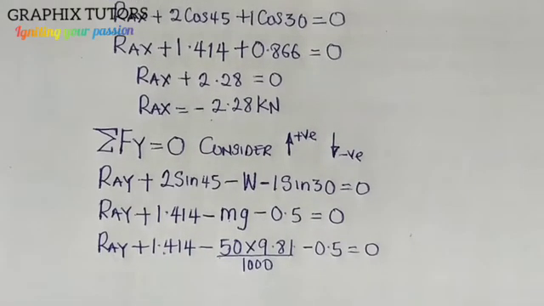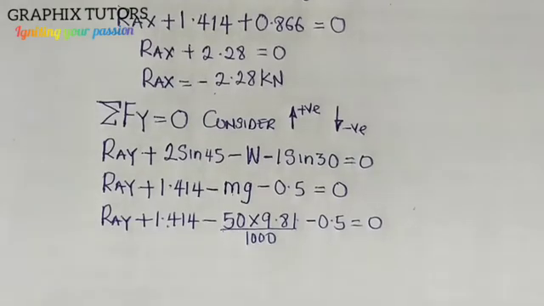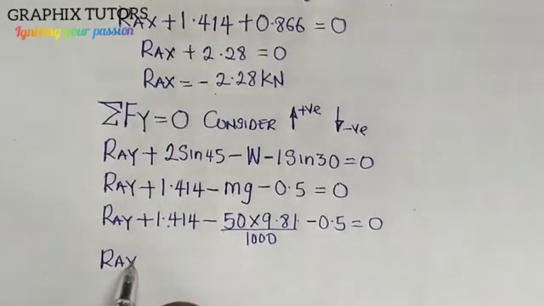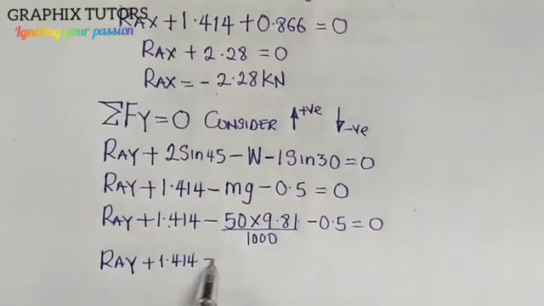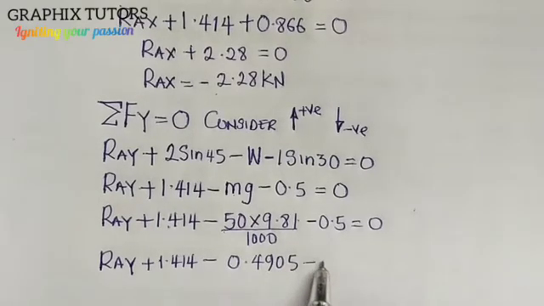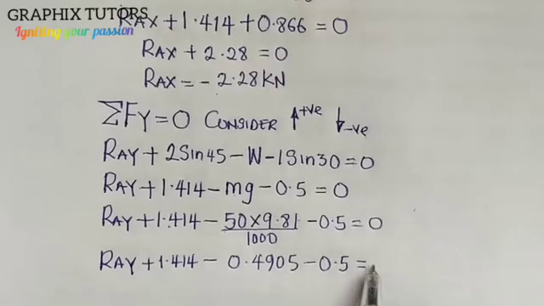Now we move forward. From here we have RAY plus 1.414 minus, if you multiply 50 multiplied by 9.81 divided by 1000, we're having 0.4905 minus 0.5 equals to 0.